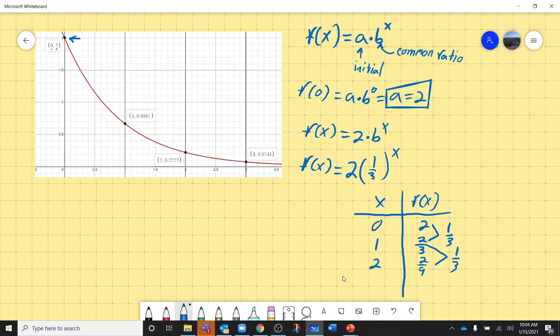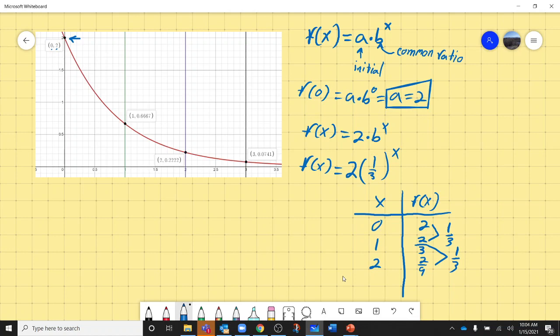And I said that it will never get to 0, right? It'll get really, really small. It'll get really close to 0, but it will never get to 0. If you think about that, there's nothing that you can raise 1/3 to the power of that's going to give you a 0. It can get you really close to 0, but it won't ever get you to 0. And so 2 times anything greater than 0 is still going to be greater than 0.